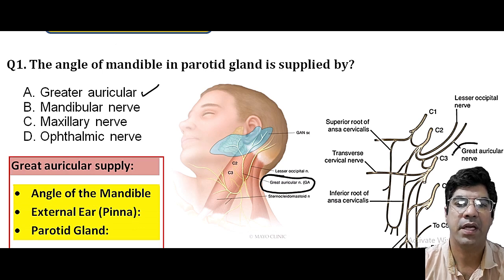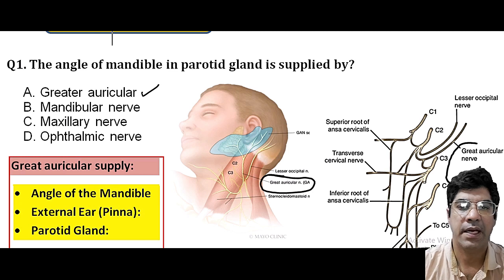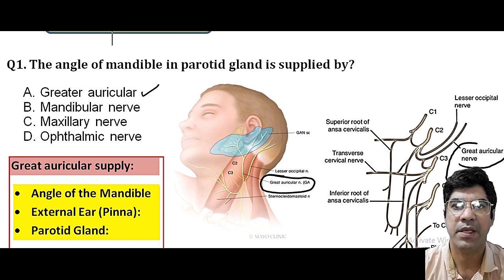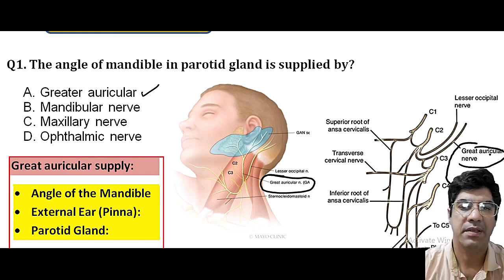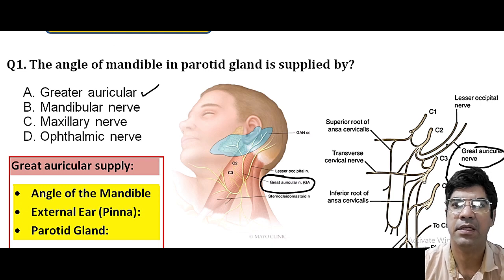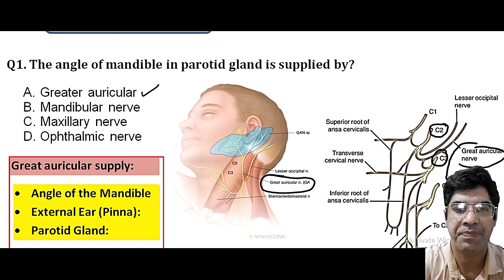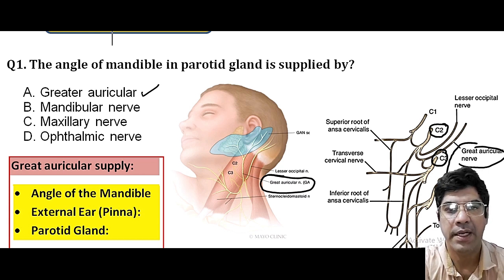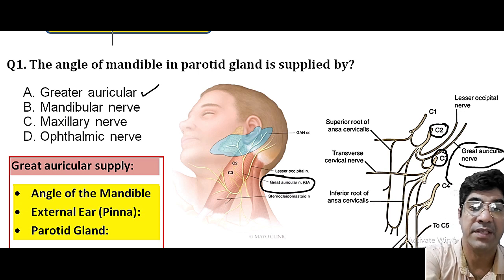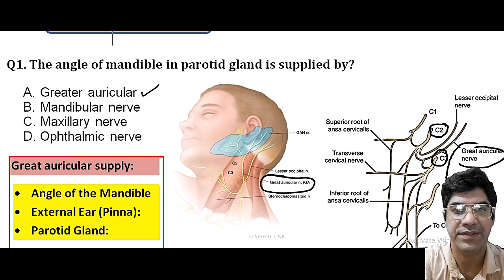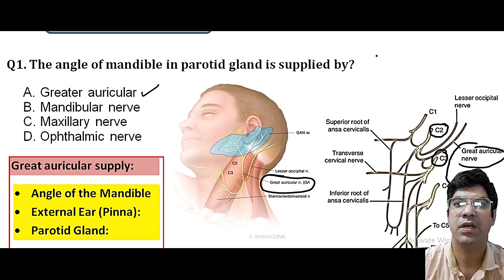So this nerve arises from the ventral rami of, remember, the second and third cervical nerves, so C2 and C3. It is a branch of the cervical plexus.